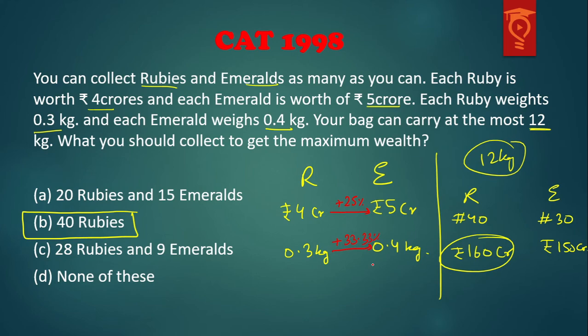If weight is increasing by 33% and if the cost was also increasing by 33%, you could buy any number of rubies and emeralds, it doesn't matter, it will fetch you the same thing. But you can see that cost is not increasing as per the weight. That is how you decide that it is not wise to collect emeralds. You should collect a lot of rubies. So that is how this question can be answered.